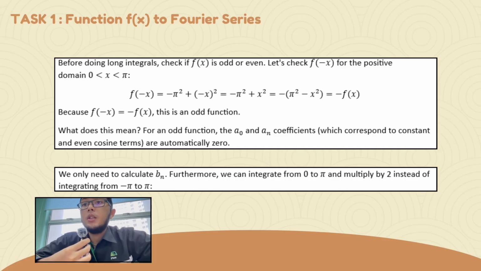Basically it tells us that the a0 and an coefficients, which correspond to the constant value, are 0. So we only need to find the bn value, and we can integrate from 0 to pi and multiply by 2 instead of integrating from -pi to pi.